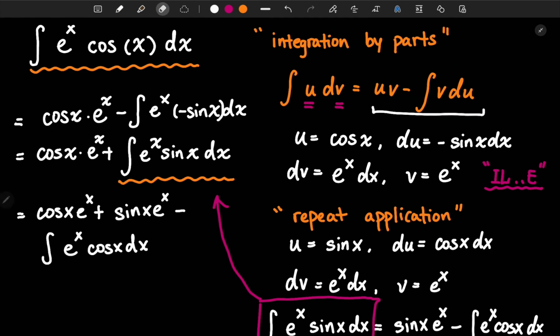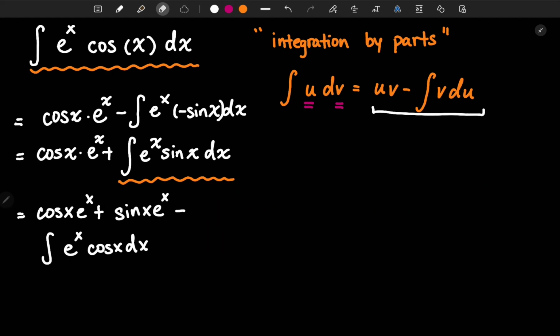Okay, so let me erase the right side so we can see it more clearly. Here we get minus the integral of e to the x cosine x dx.